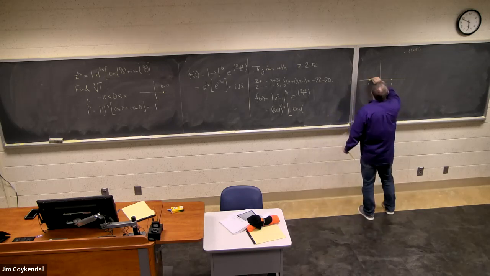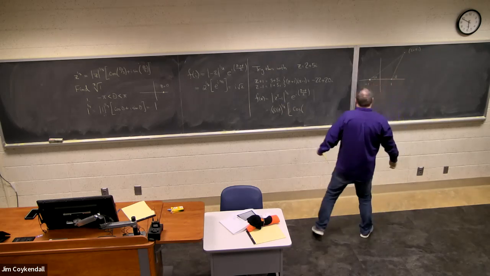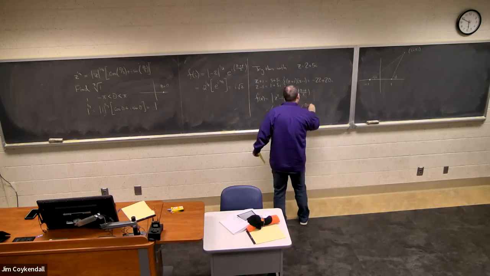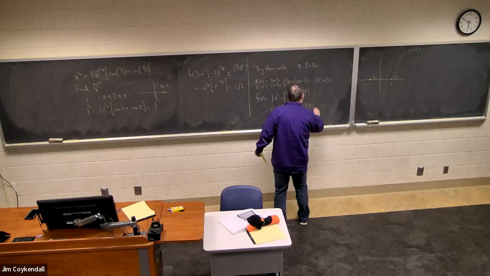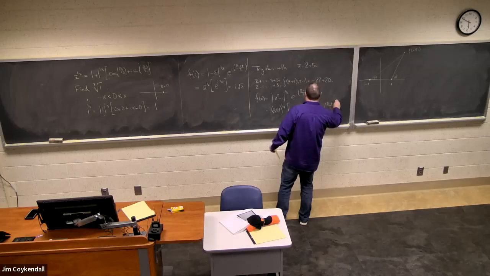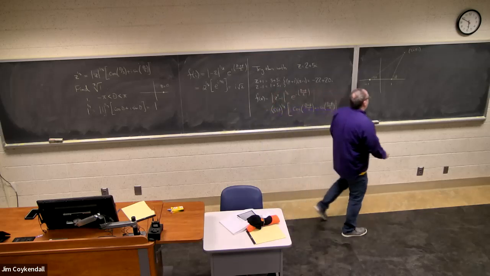Then this is what I think I call theta, and this is what I call phi, right? So I've got to measure these angles. This is cosine of theta plus phi over 2 plus i sine of theta plus phi over 2.